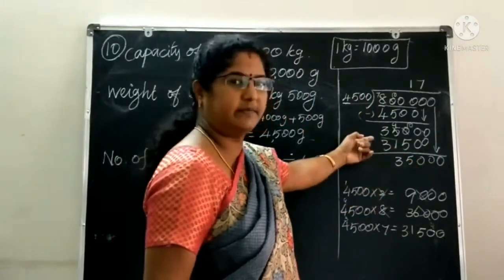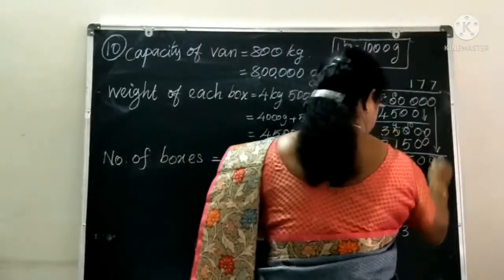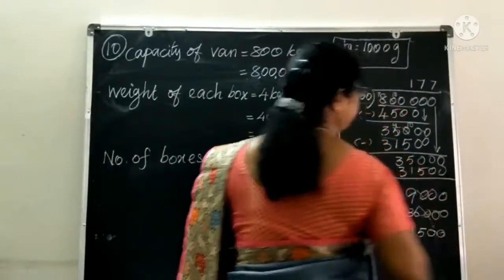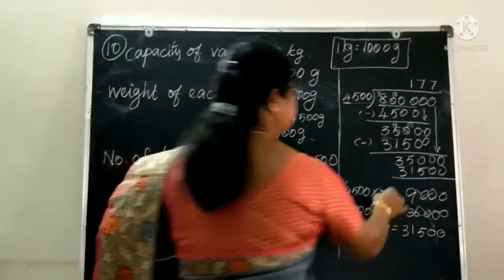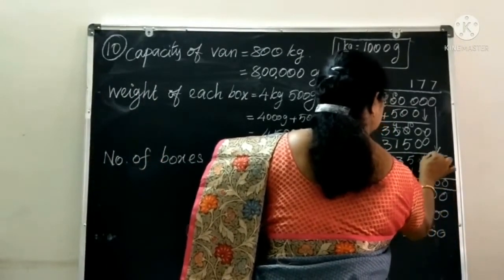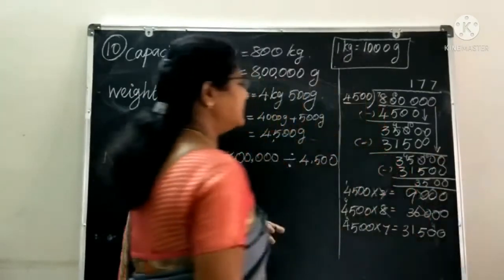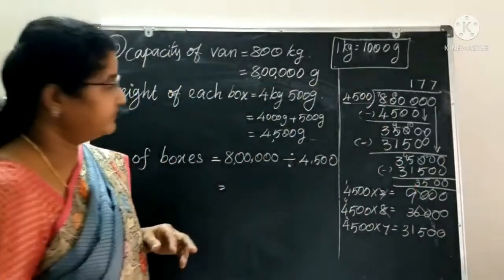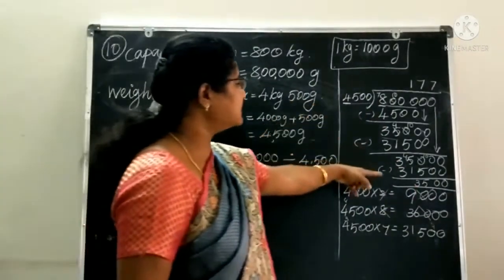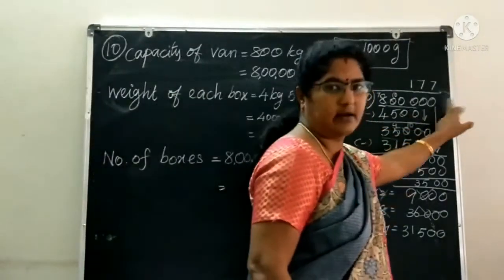So the same time, 7 times, 31,500. Subtract. 0, 0, 10, 4, 5, 3. 3,500. The remainder is 3,500, so we cannot continue. That's all. The remainder is correct. We have done the work. Is there any number left? No. That's all.